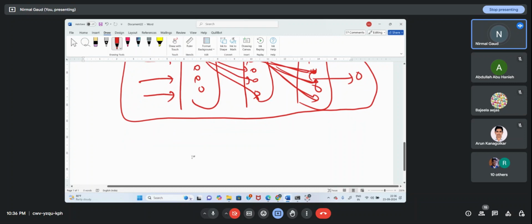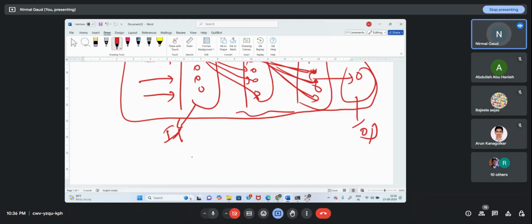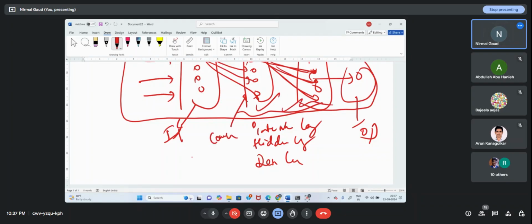This is the input layer, this will be the output layer, and we have intermediate layers. They are also called hidden layers, or dense layers. Mostly the computation is done on the dense layers, the hidden layers only.